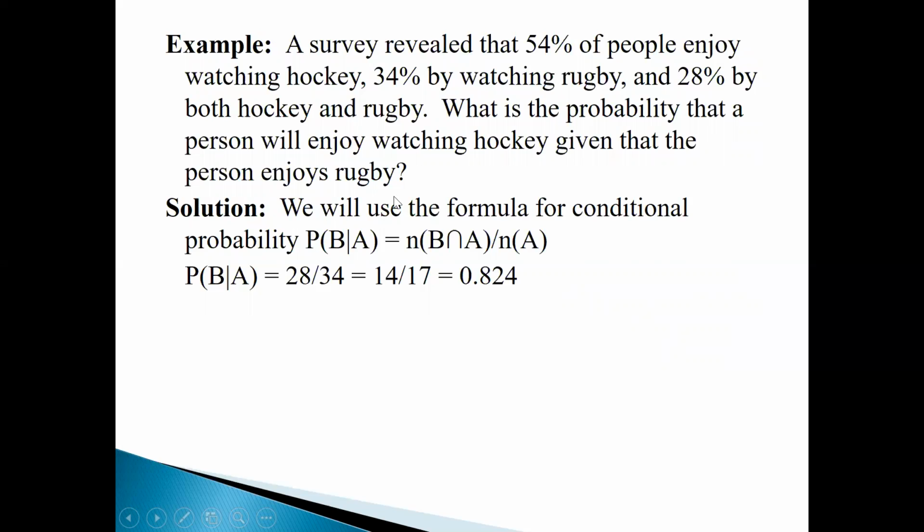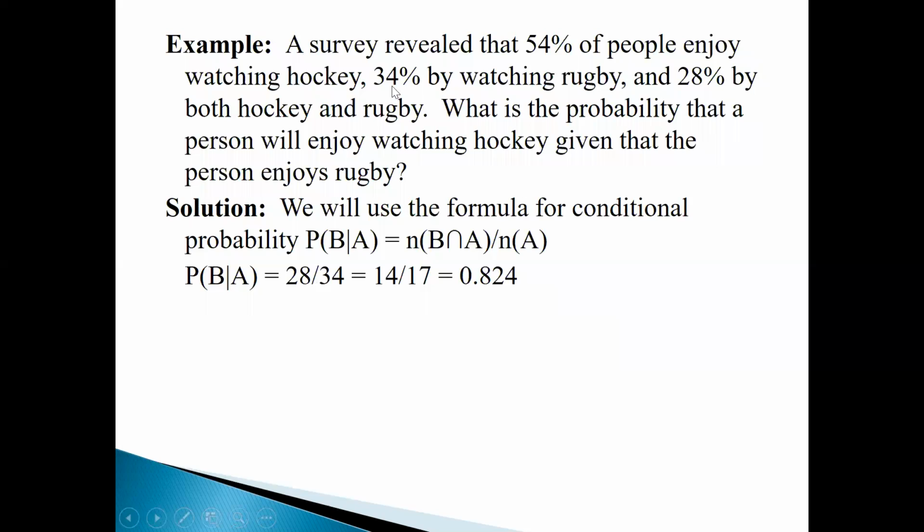In this case, the way it's set up, we're going to use numbers because we have percentages, which are kind of like numbers. So the probability of B and A is 28, because 28% enjoy both hockey and rugby. That's going to be divided by the number in A. What was A? That's the rugby.